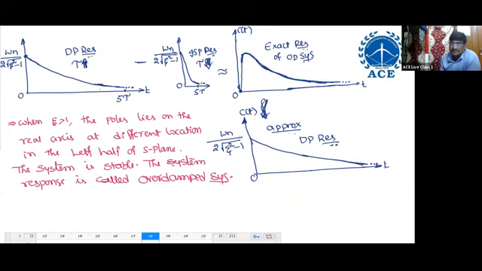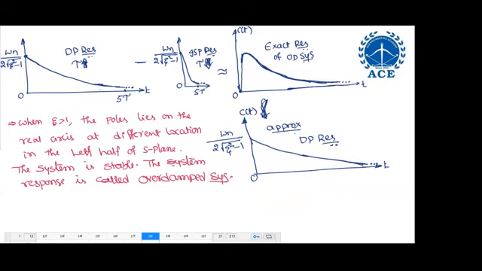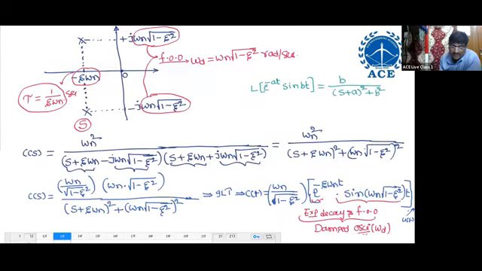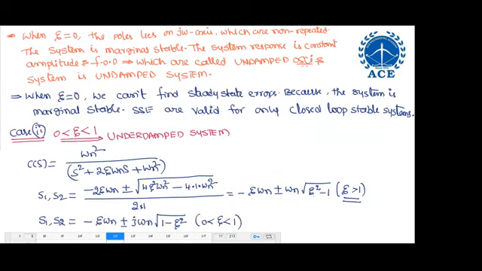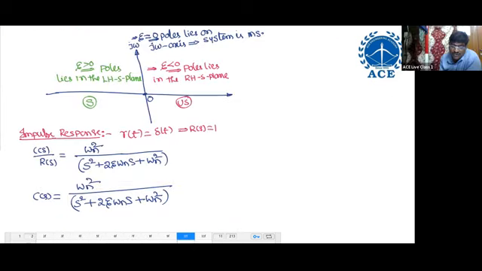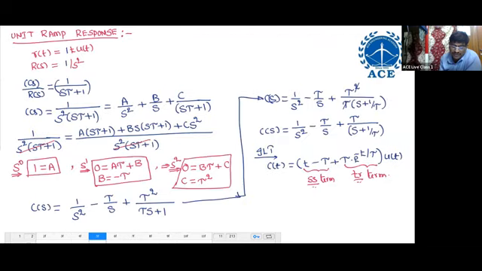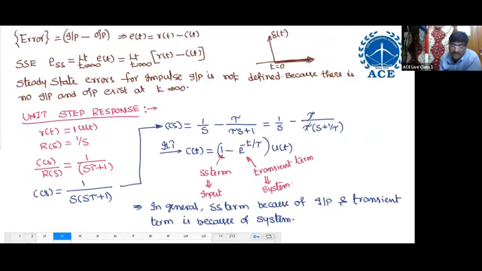Okay, sir. And in the ramp response for first order, you said that t minus tau is steady state. Yes. But how is it steady state? Is it going to become 0? Substitute t tends to infinity, is it 0?